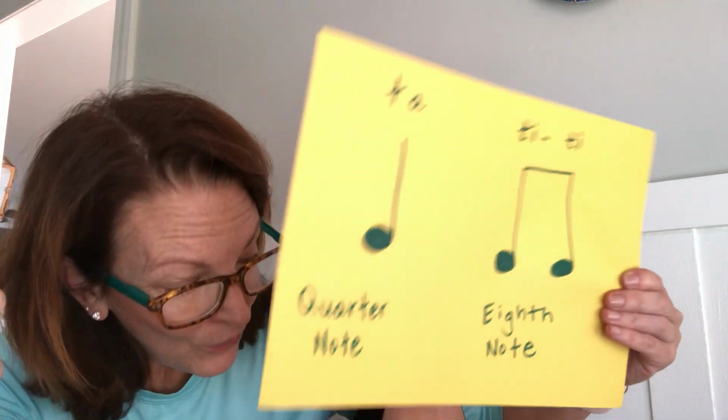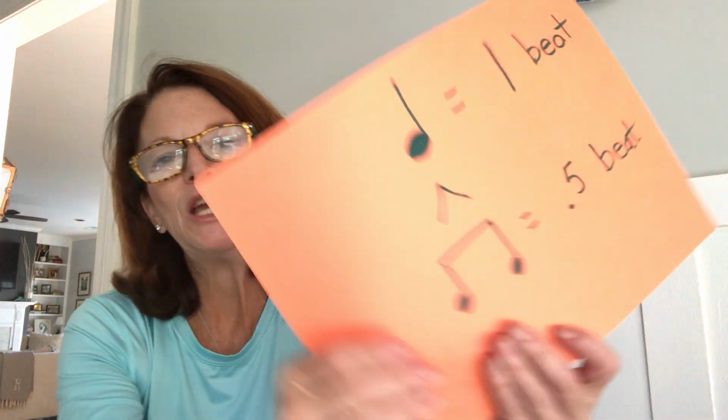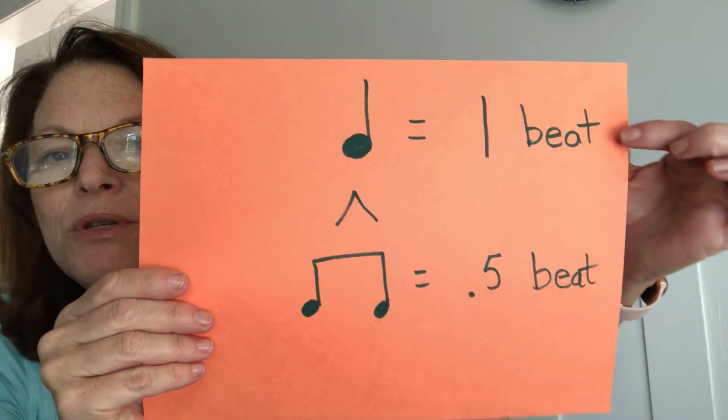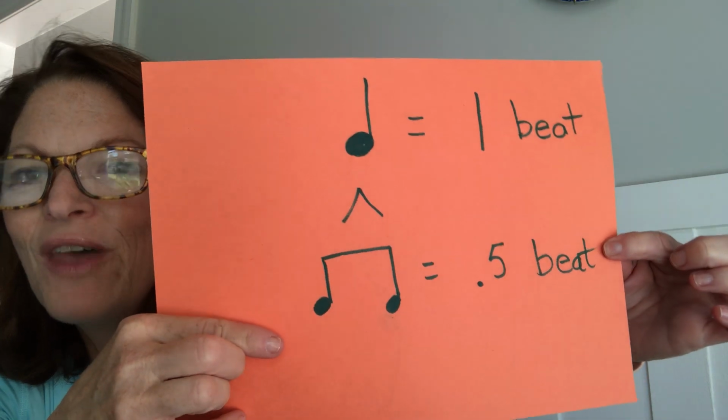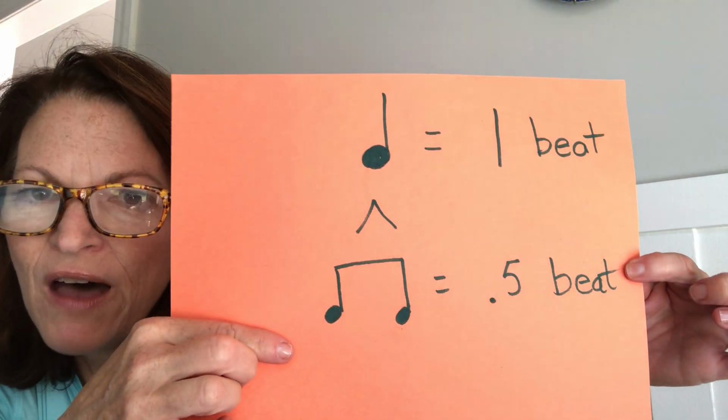What's really cool is that you can put these notes together and you can find their mathematical connection. Look right here. The quarter note has 1 beat. The 1/8 note has a half of a beat, 0.5.